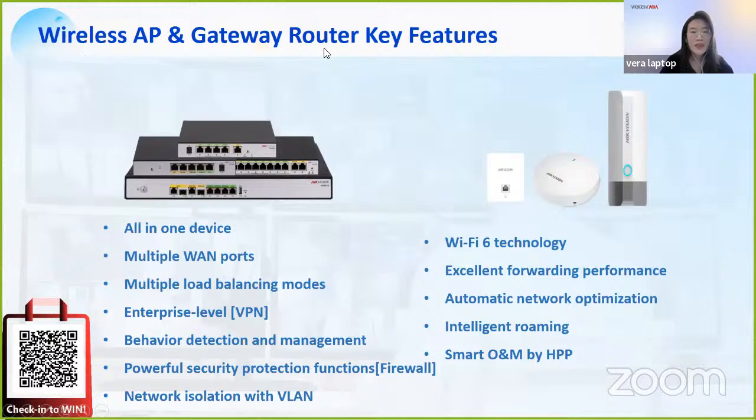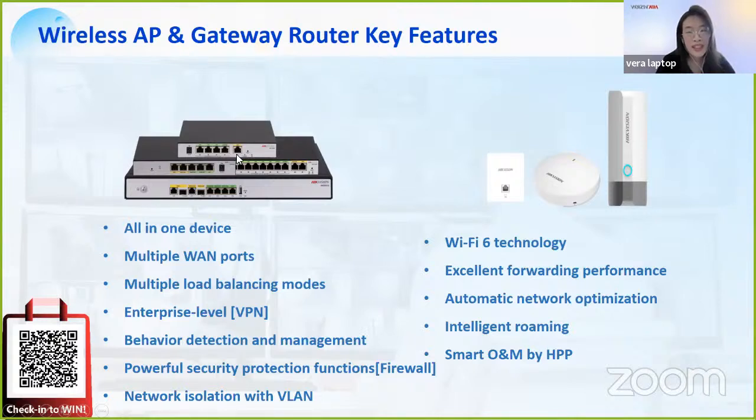For the gateway router, the key features. The first one is the all-in-one device. This device can play the role of the AC controller. For example, if we connect an AC AP, which is not a cloud AP, we need to manage this AP based on this kind of gateway router.